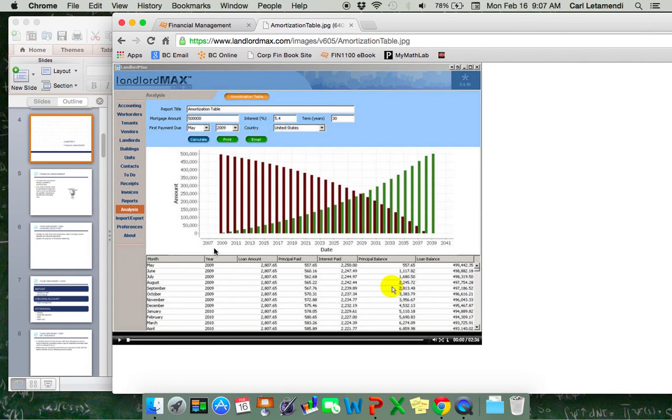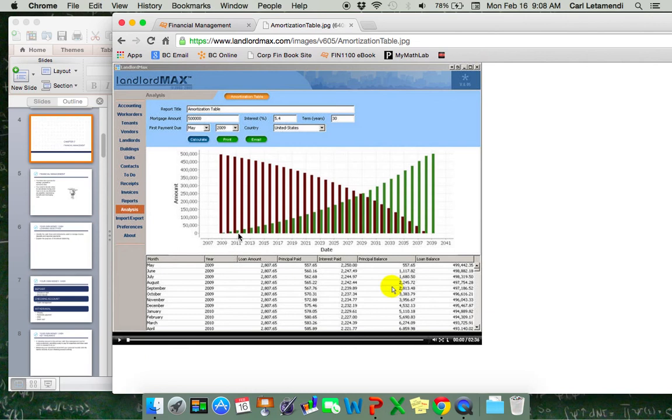So now, for example, this is an example of a mortgage of $500,000. The first payment is due May 2009. The interest on this is 5.4%. The term is 30 years. Okay. So now, if you look, in 2009, these red bars are the interest. And then the person pays every month and month and month.